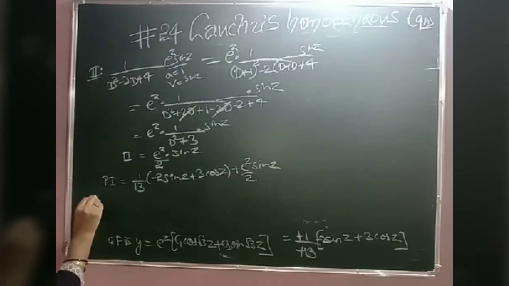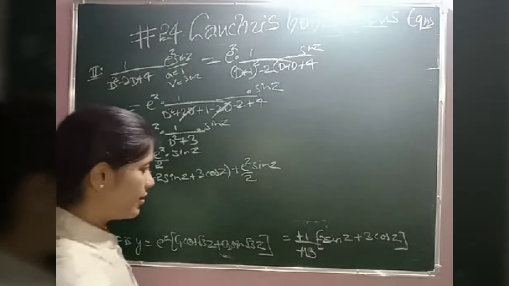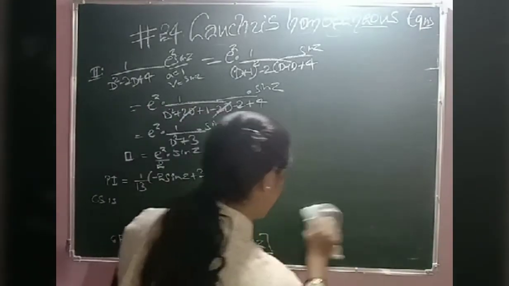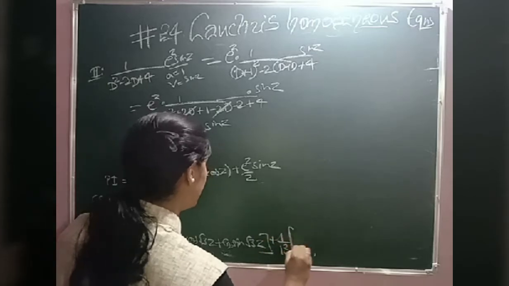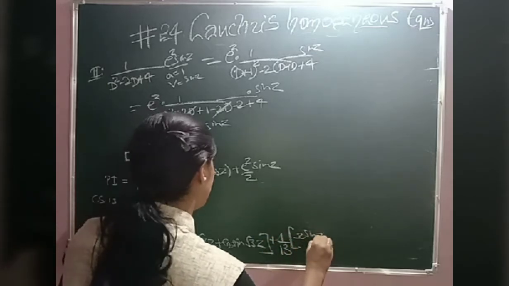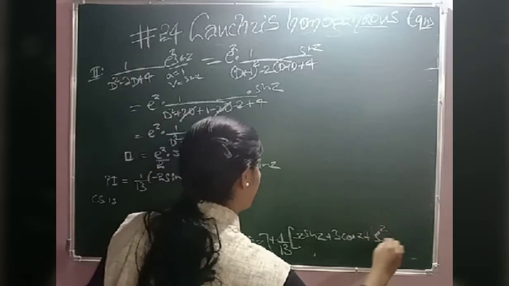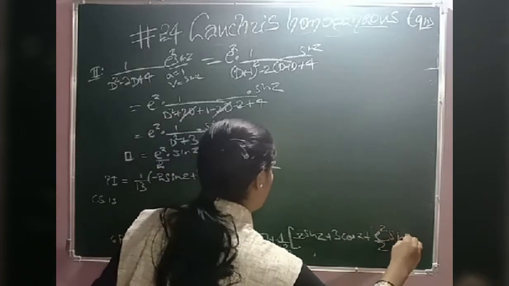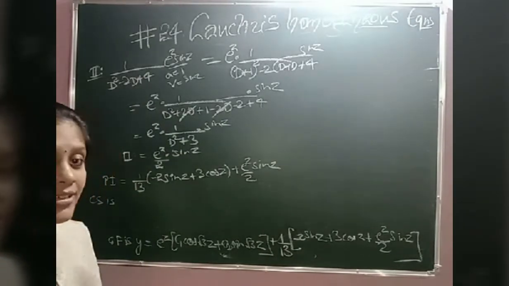Complete solution is y equal to all this plus 1 by 13 minus 2 sin z plus 3 cos z plus e power z by 2 sin z.